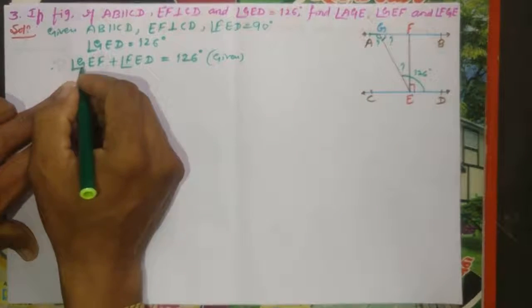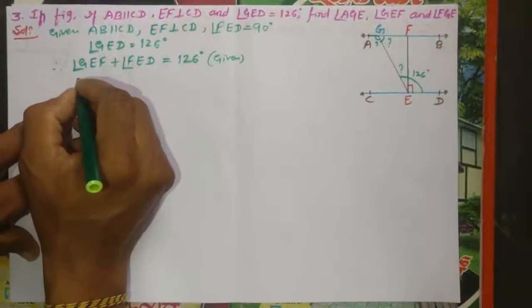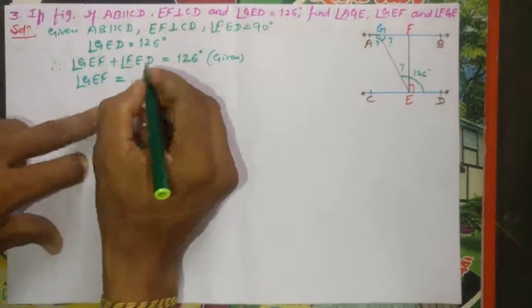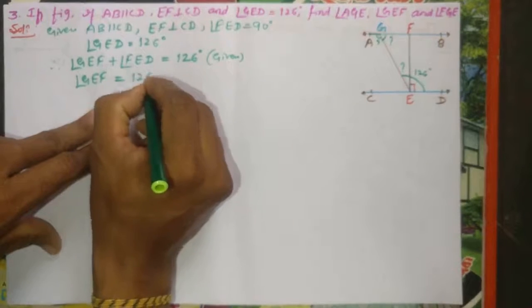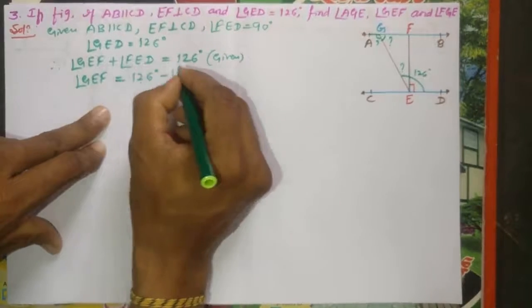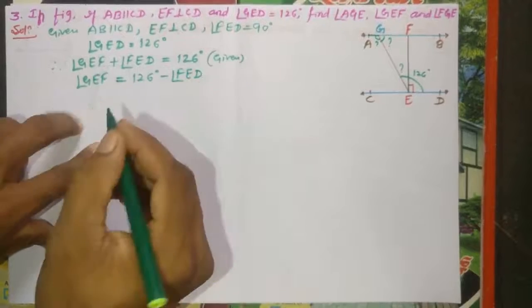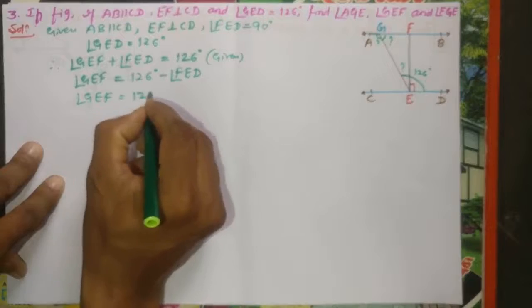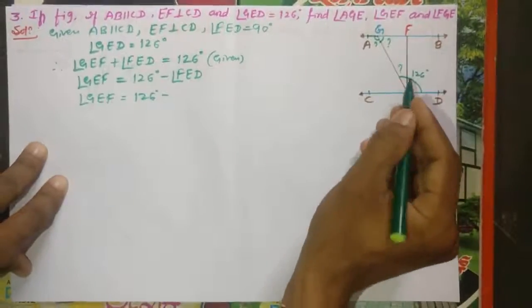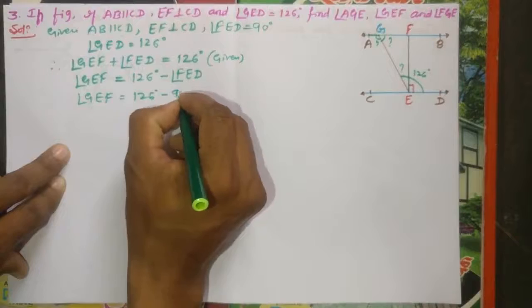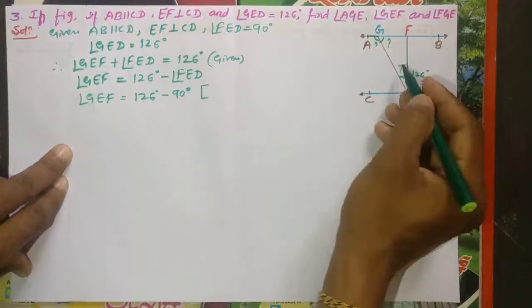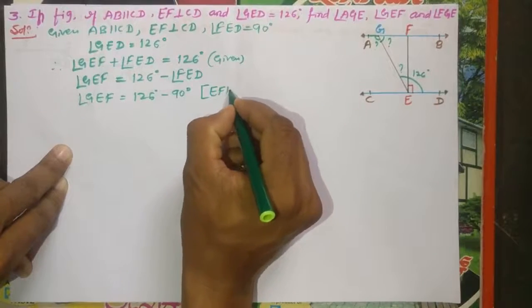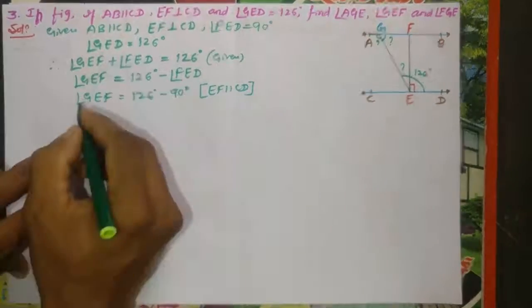Angle GEF is equal to 126 degrees minus angle FED, and FED is equal to 90 degrees because EF is perpendicular to CD.